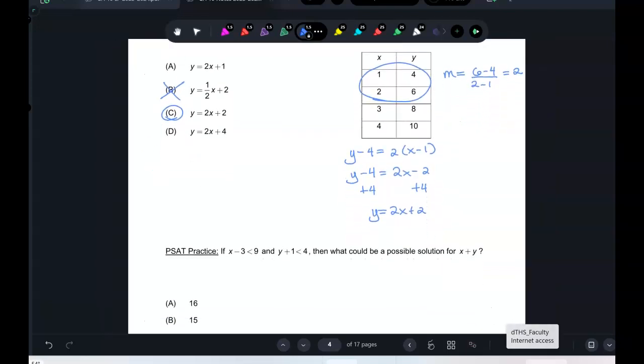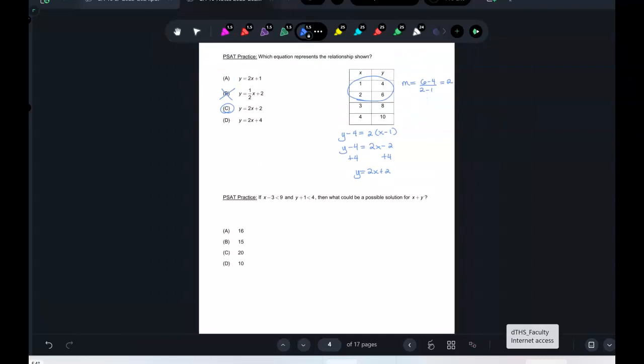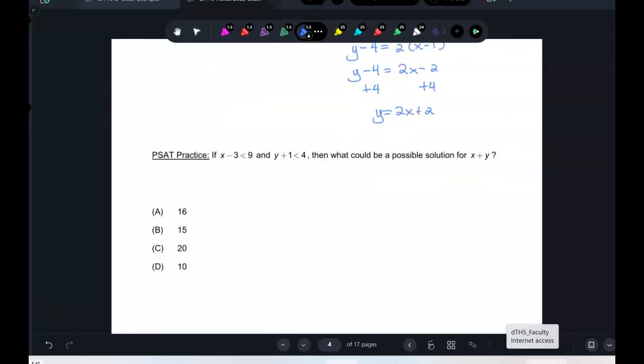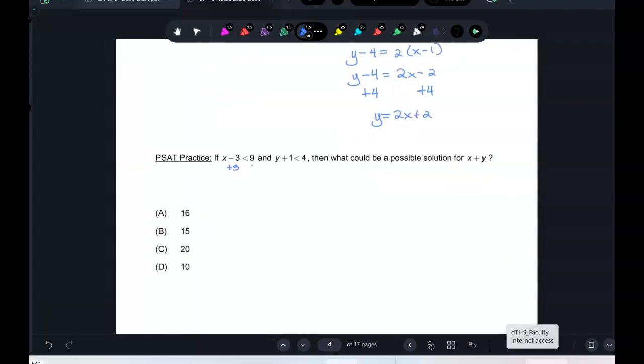All right. And then the last part: x minus 3 is less than 9, y plus 1 is less than 4. What is a possible solution for x plus y? If I solve for x in this one, x has to be less than 12.